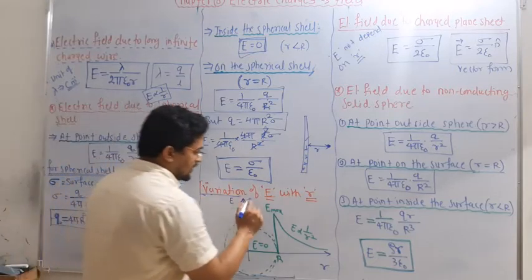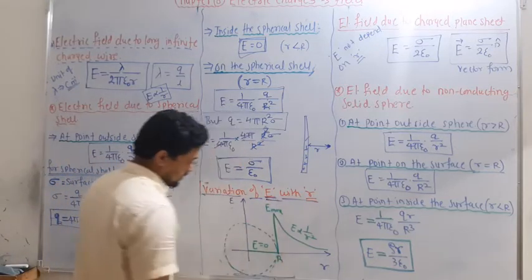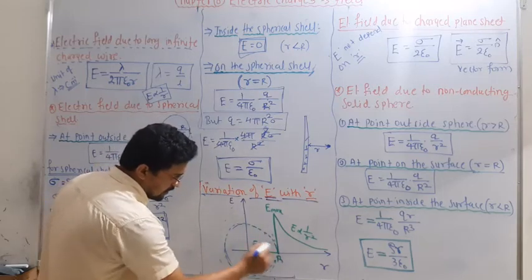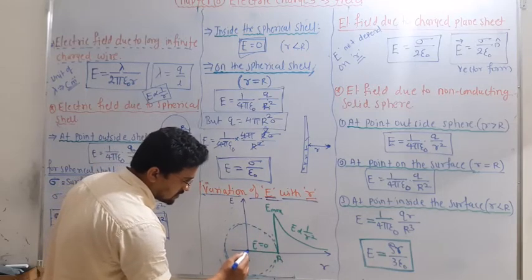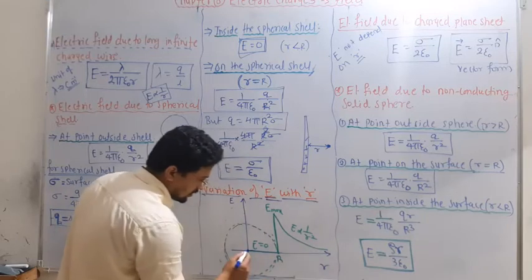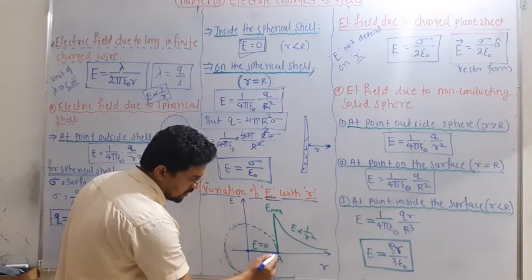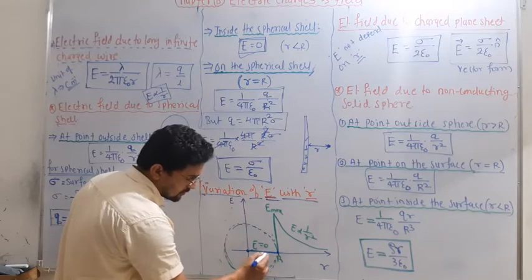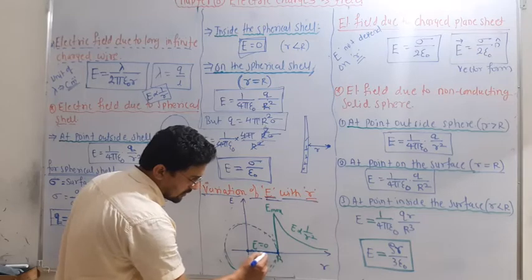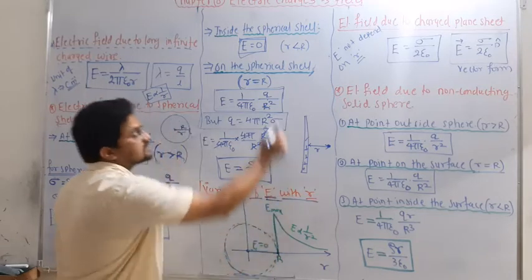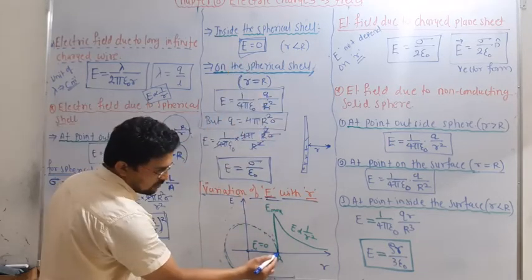Next is the variation of the electric field with r. If this is the spherical shell and you are moving from the center of the shell outward, how does the electric field change? From the center up to the surface, all the points lie inside the spherical shell, so up to this the electric field is 0.